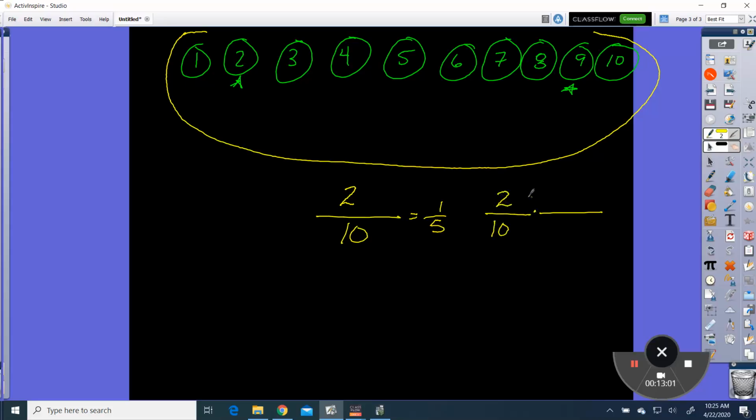But on the next one, I've taken my 2 out. That leaves the 9. So that's 1, but I've taken the 2 out, and there's 9 ping pong balls left. Okay? And so now I multiply those together. I'm going to simplify first. That becomes 1/5. So the probability that I get both of them right is 1 out of 45.